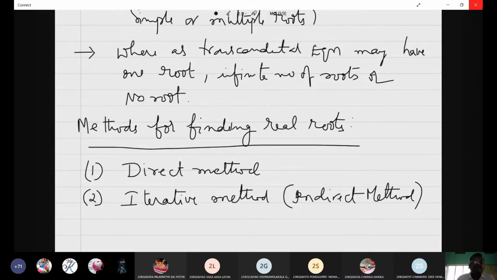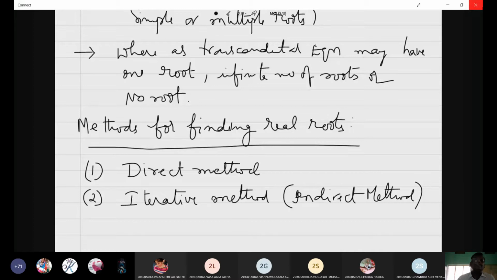In the iterative method we have four types of methods. One is the bisection method and the other is, anyone? Regula falsi method or method of false position. The third one is the iterative method or successive approximation method, and the fourth one is the Newton-Raphson method or Newton iterative method.